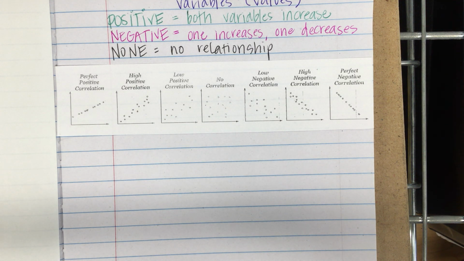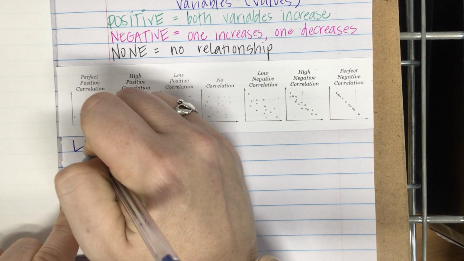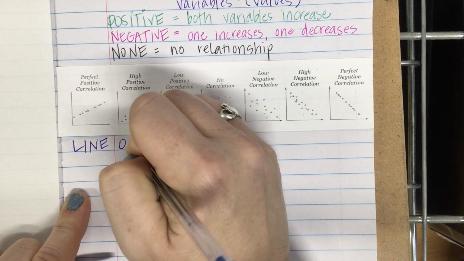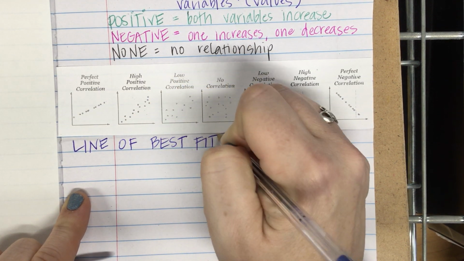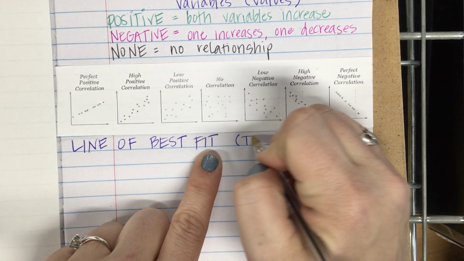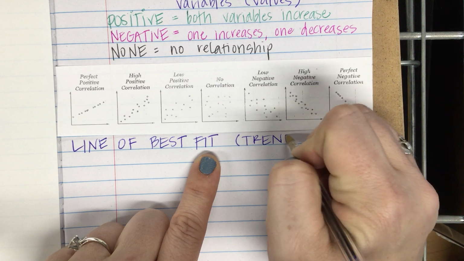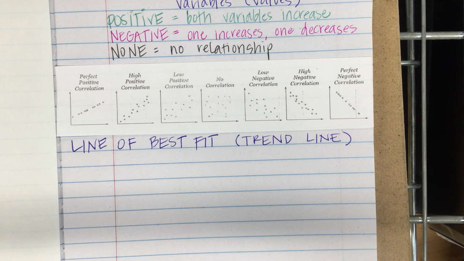Now we're going to talk about this idea of line of best fit. Line of best fit. Sometimes it's also called a trend line. And lines of best fit are predictive.